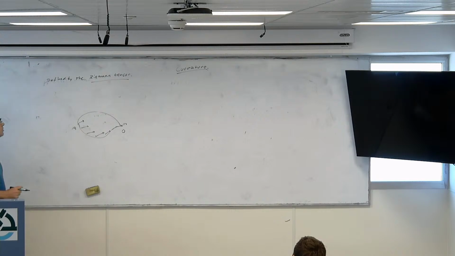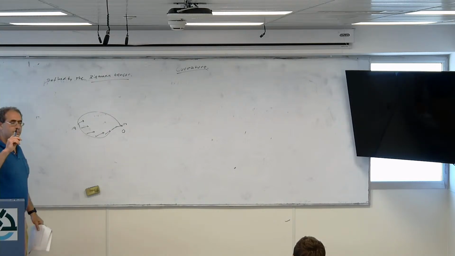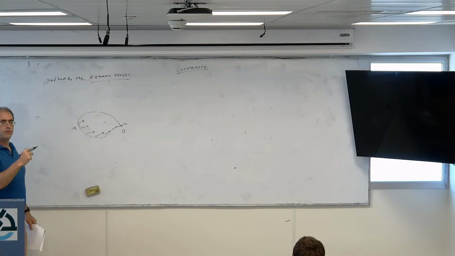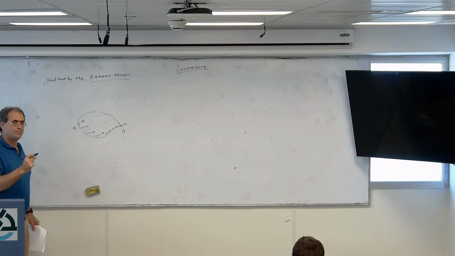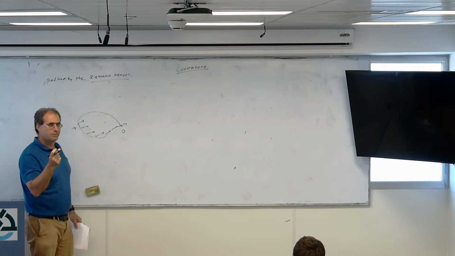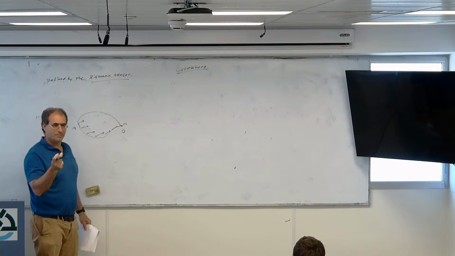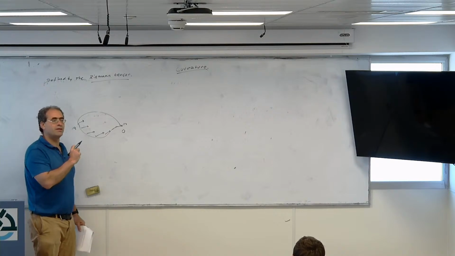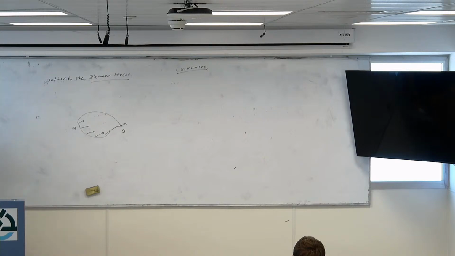And what we're going to see, I'll prove it to you, is that we get this tensor from the affine connection and the derivative of the affine connection. How do we get the affine connection? From the derivative of the metric. Which means that in fact everything is already given to us in the metric. The metric tells us everything we need to know.